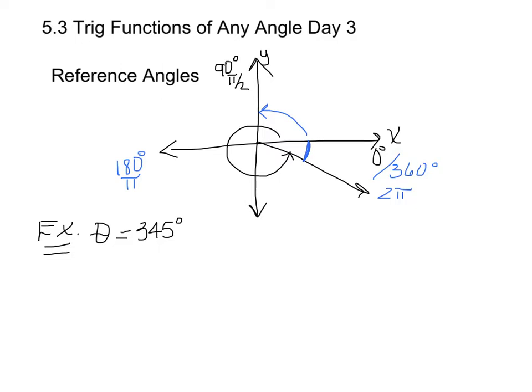The way that you can figure it out is see if this angle is closer to 360 or 180. And if you notice, it's closer to 360. So all you have to do is find this difference. So you would do 360 minus 345, which is 15 degrees. So this would be the reference angle because it's positive and it's acute.